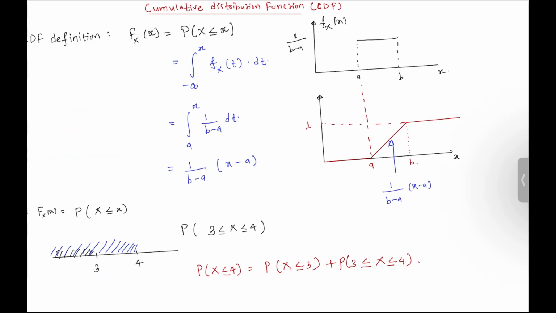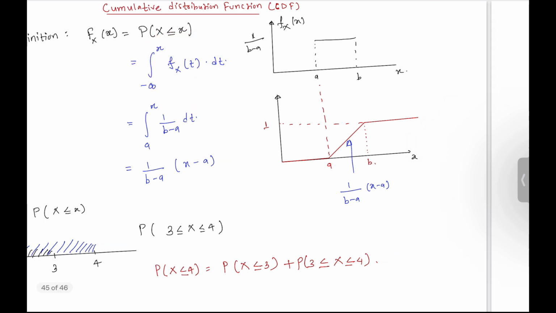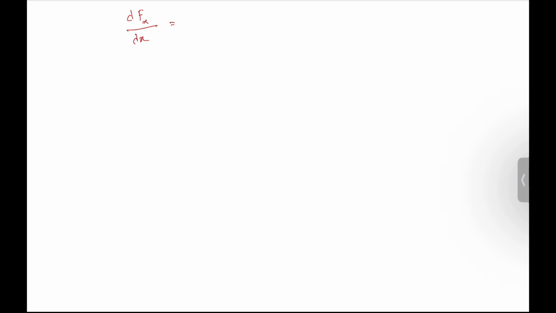So you know from basic calculus that if we are integrating from minus infinity till this point x, and you take the derivative of this integration, then it will be nothing but the integrand itself, right? So from here you can find the PDF.